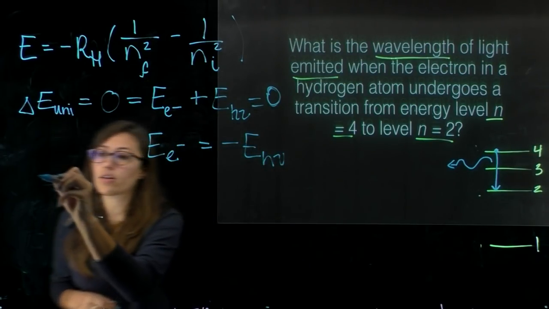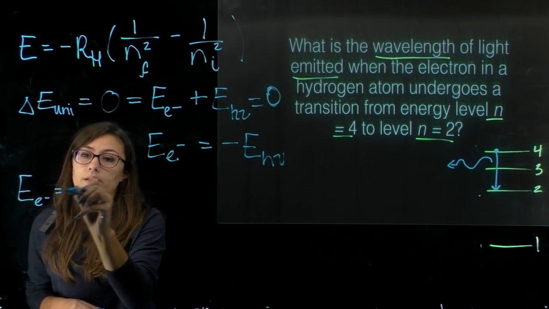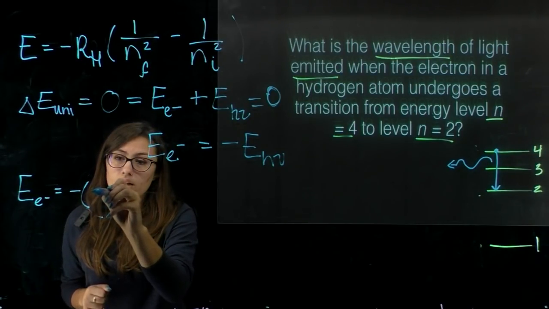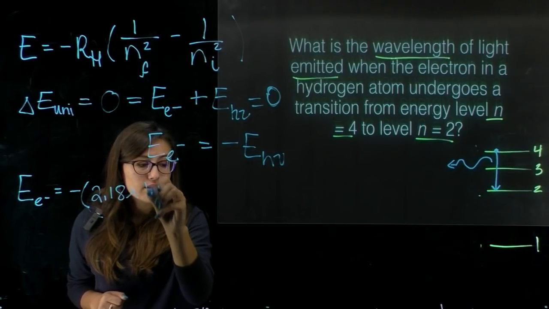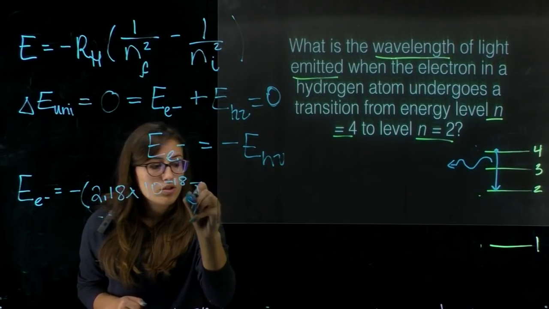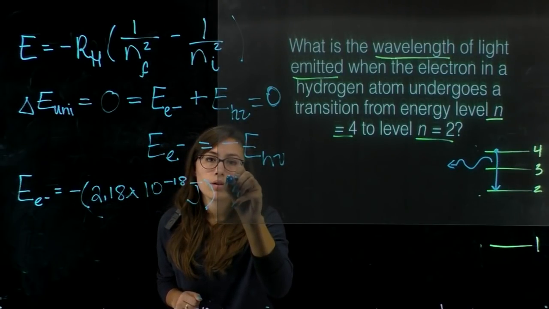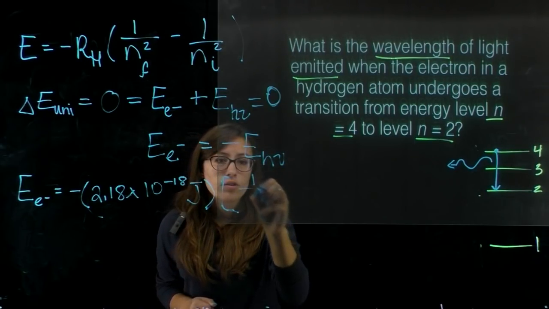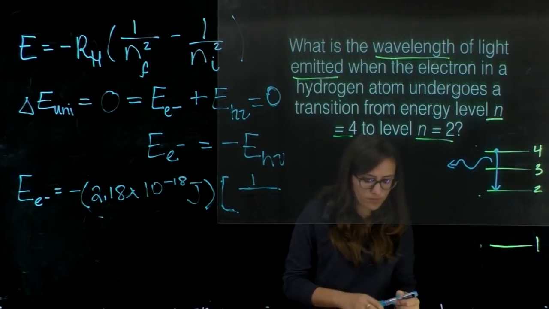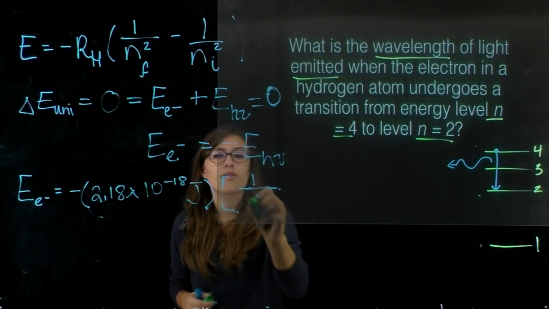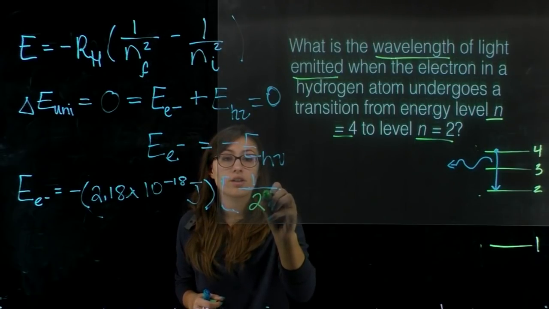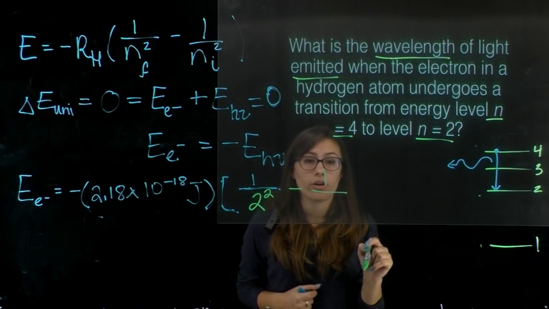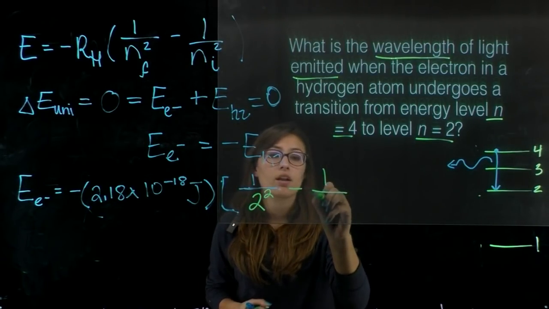So the energy of this electron is going to be equal to negative my Rydberg constant, which is 2.18 times 10 to the minus 18th joules, multiplied by 1 over my final transition state, which is 2, so 2 squared, minus 1 over my initial starting point, where that electron is initially starting, which is 4 squared.